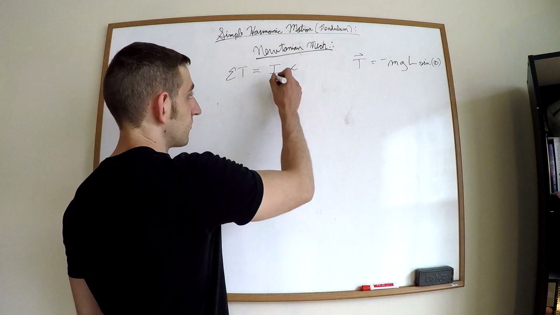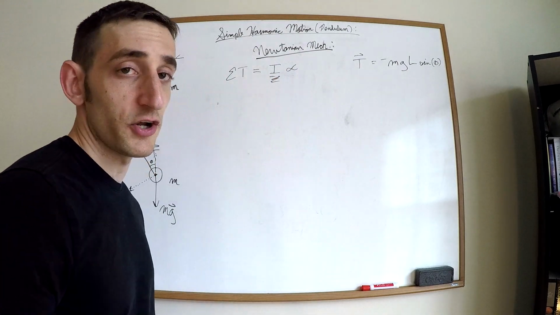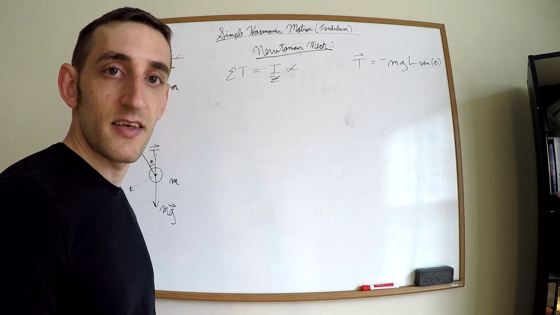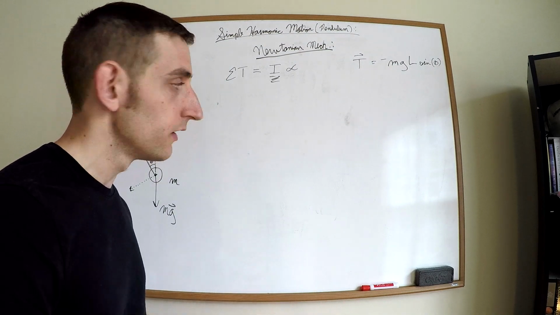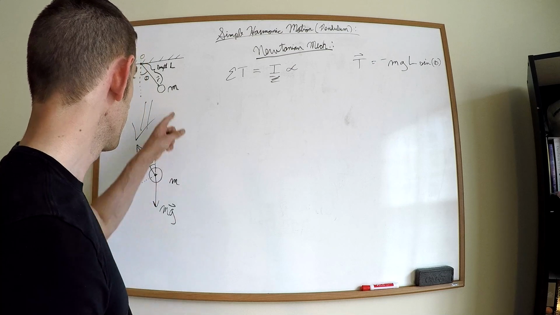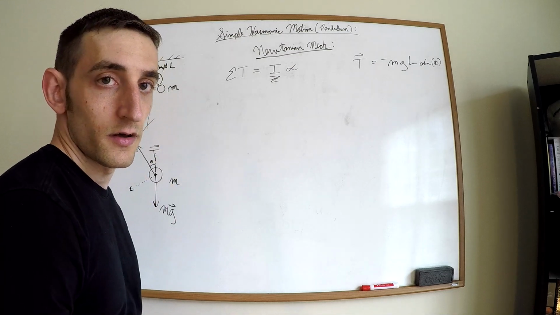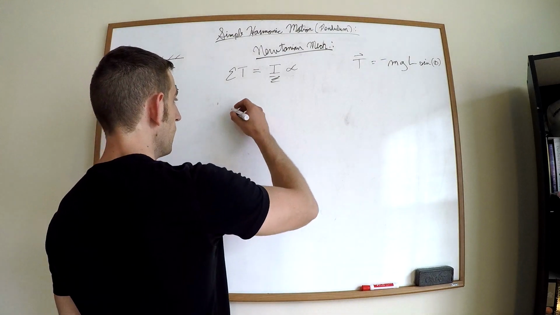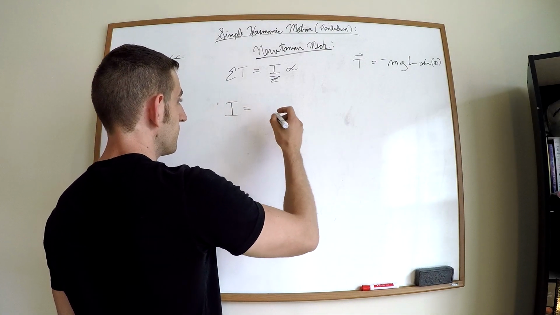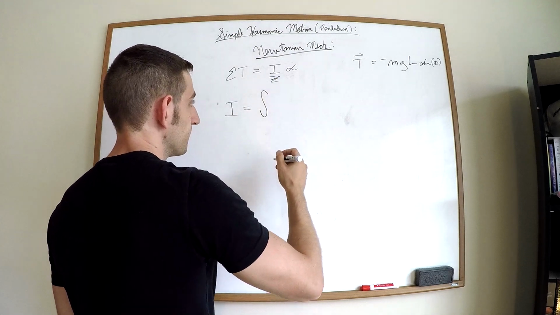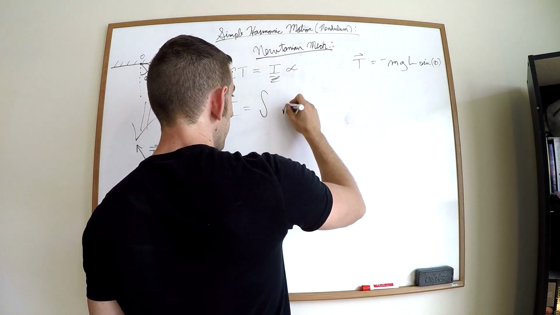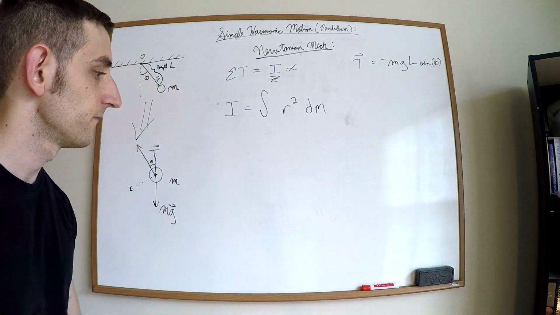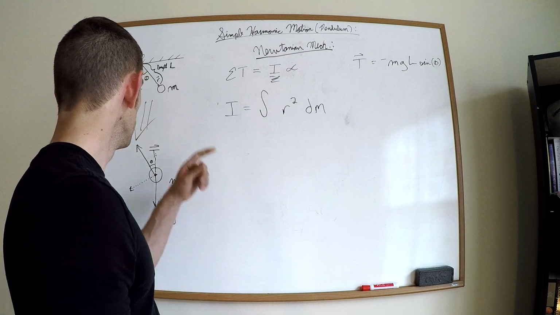What's the next thing we have to do? We've got to figure out the moments of inertia. It's a big component of Newtonian mechanics, and sometimes it can take a lot of time depending on what you're dealing with. Fortunately, this is very easy. We have just a point mass attached to a string. The definition of the moment of inertia is the integral of r squared dm, basically the distance to our mass.